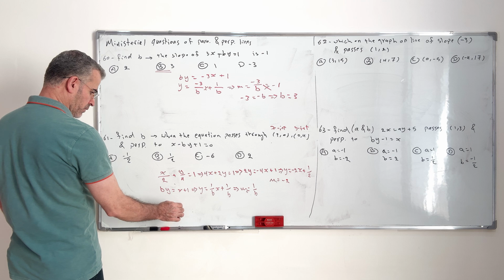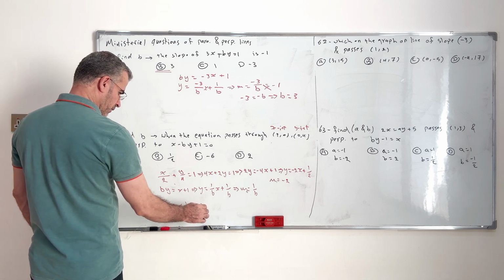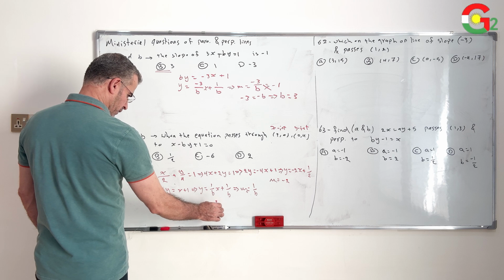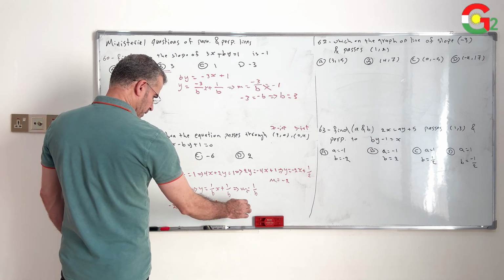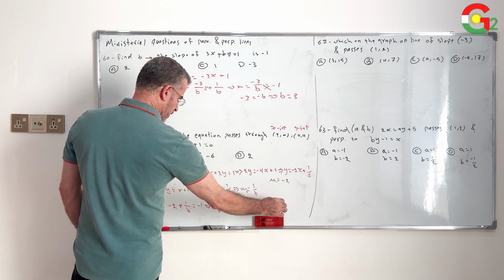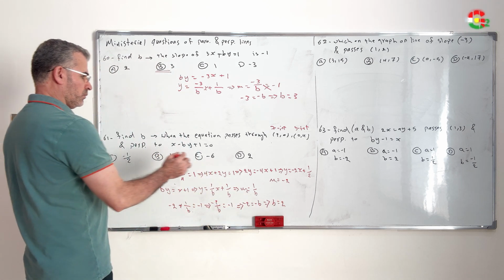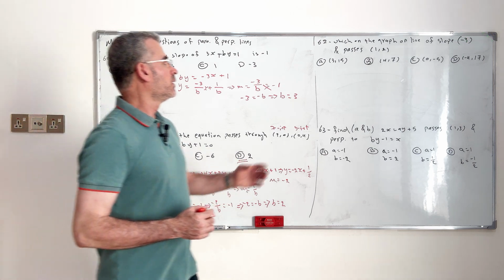Then negative 2 times 1 over b equals negative 1, so negative 2 over b equals negative 1, then negative 2 equals negative b. This gives me b equals 2, choice number D.